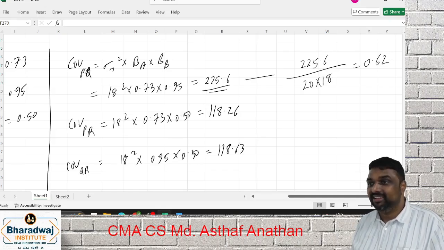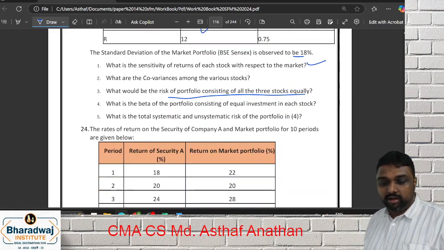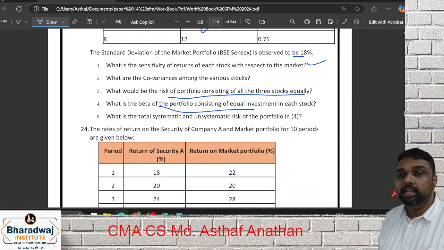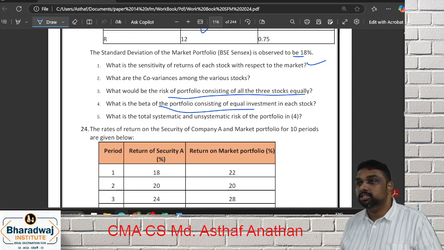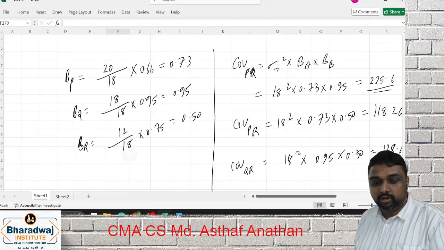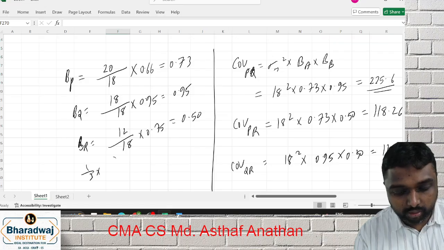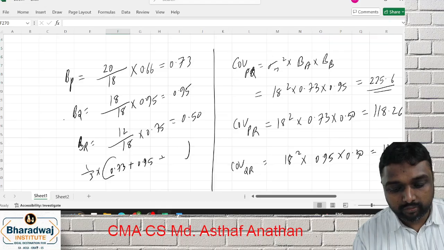Are you clear? Now, next what you have to do is the beta of a portfolio consisting of equal weight. So equal weight, now 1 by 3. You can take a shortcut method: 0.73 plus 0.85 plus 0.5. What is the answer, friends?